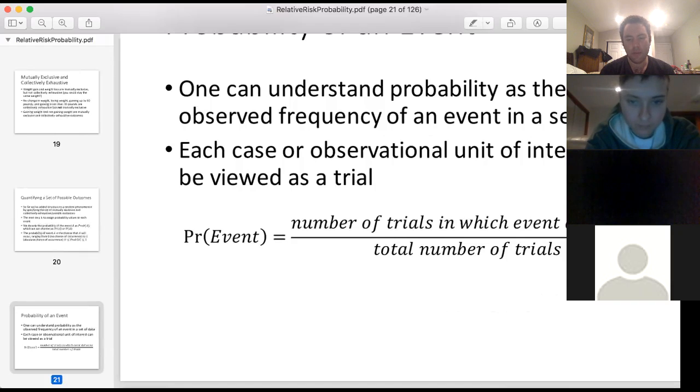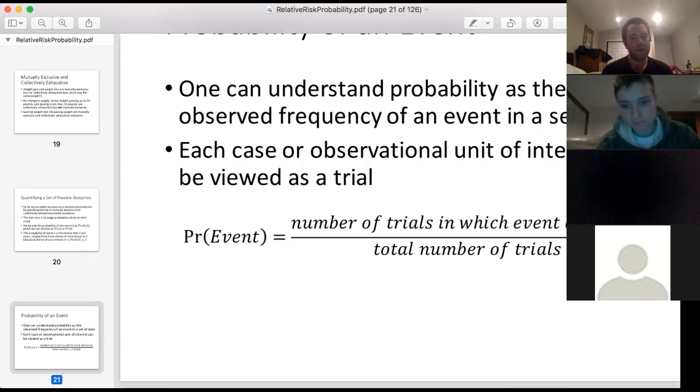Well, the reason is that when you have a small sample size or a small number of trials, you're not going to get to the true probability. So we're going to need a much larger sample size in order to find the true probability.